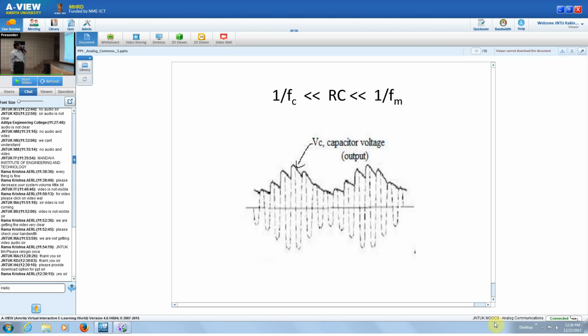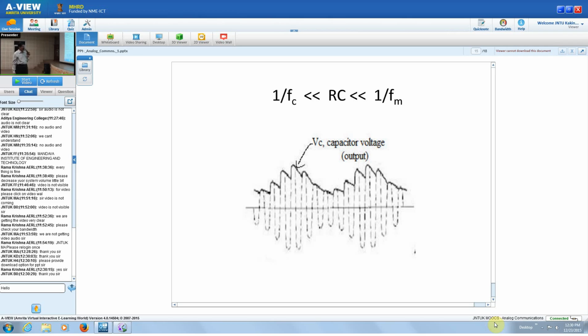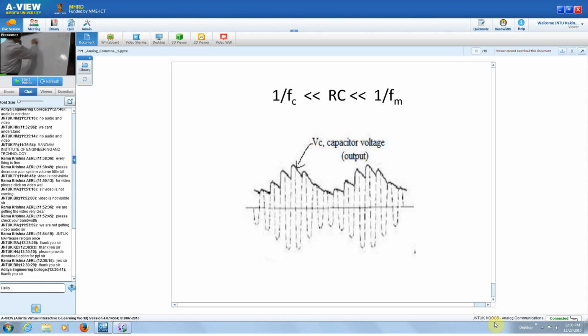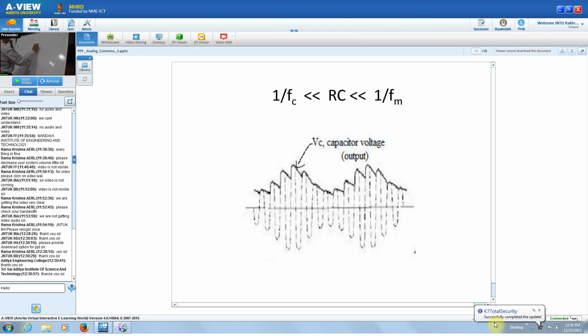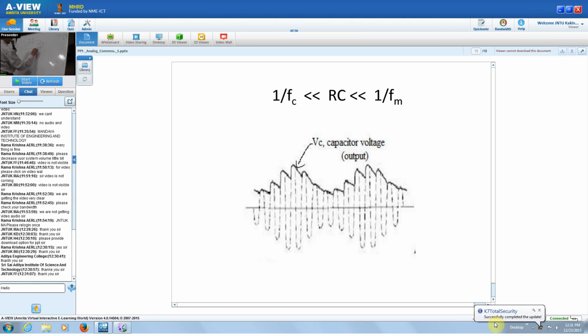Whereas for the multitone signal between 0 to FM, we have seen the different modulations already available, with the waveforms that were given with the spectral lines. So this is for your single tone.